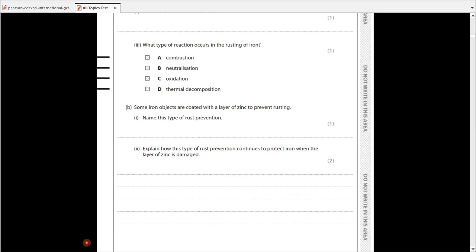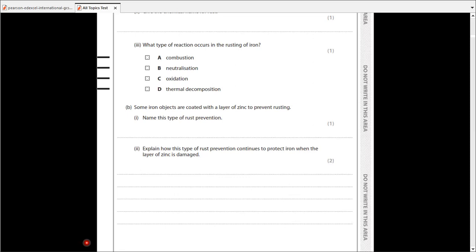For this kind of question, which has more than 1 line and is more of an explanation question about how or why some process is occurring, I ask my students to write at least 3 points. The first is that you must mention that zinc is more reactive than iron. Secondly, mention that zinc will lose electrons in preference to iron, which means zinc is better at losing electrons compared to iron.